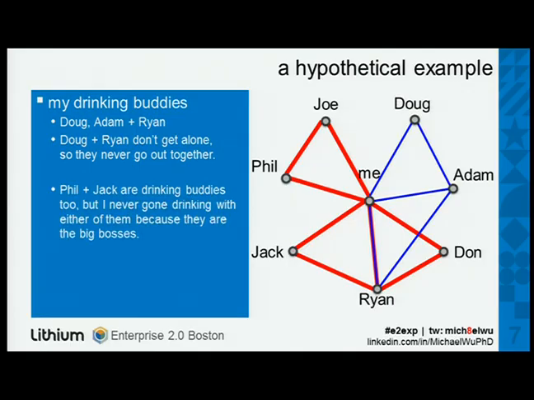It turns out that Phil and Jack also drink together, but they're the big boss. They never drink with us. So this could be my beer buddy graph. The relevant relationship highlighted by this graph is that we drink beer together. That's the relationship represented by these blue edges.